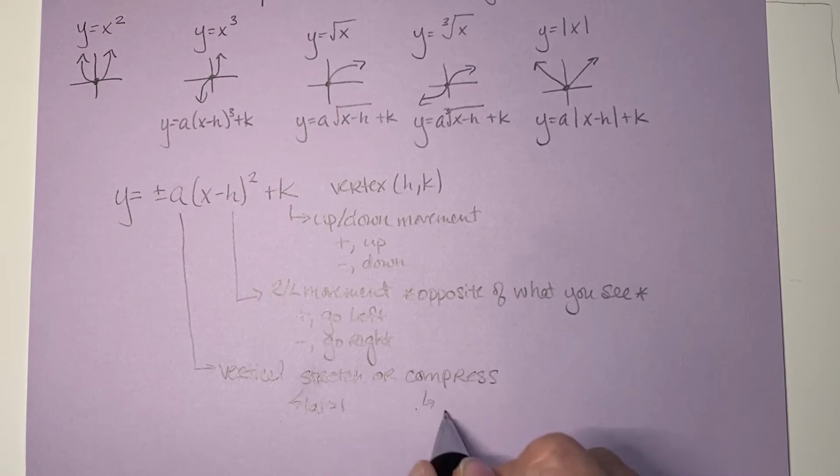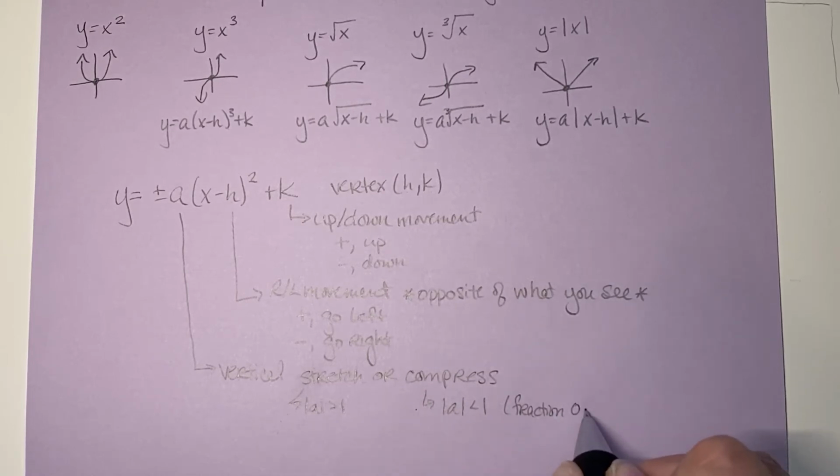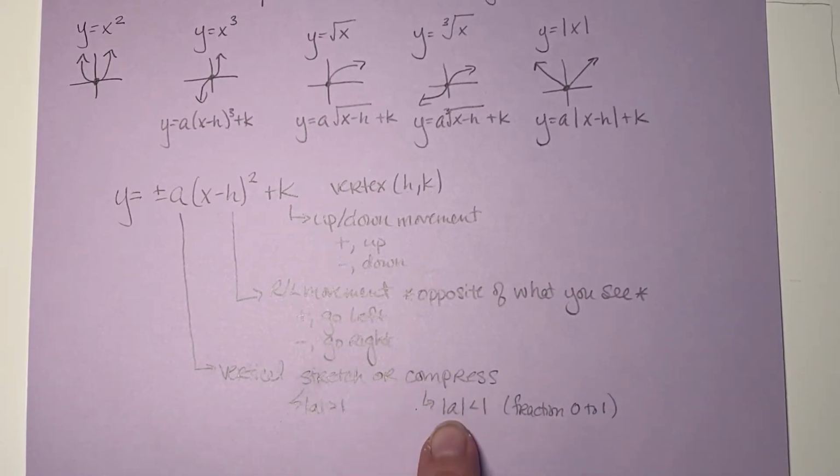It'll be a compress if the absolute value of a is less than 1. Now this means it'll be a fraction between 0 and 1. Okay, because remember, we're talking about the absolute value here. So we're not talking about if it's negative, because that's a whole other thing.